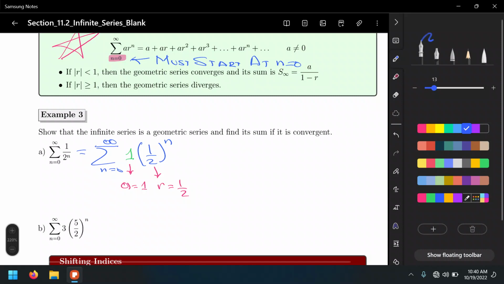The absolute value of r equals the absolute value of 1/2, which is just 1/2. Is 1/2 less than 1 or greater than or equal to 1? It's less than 1. Since this number is less than 1, the series converges.